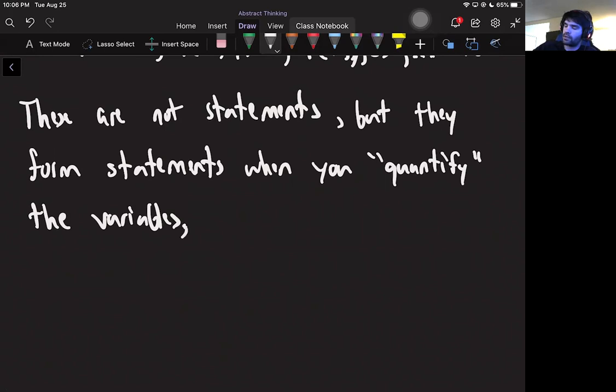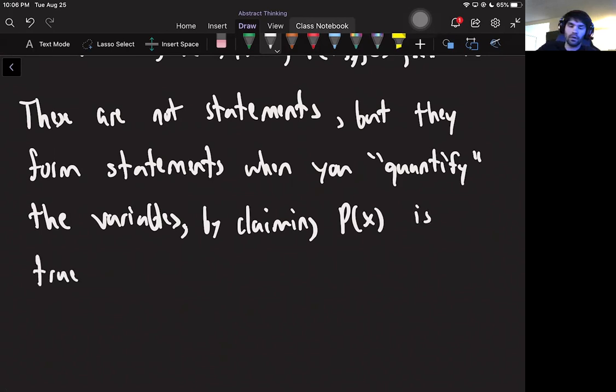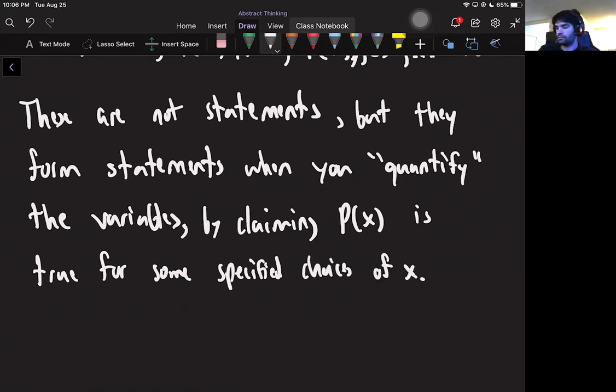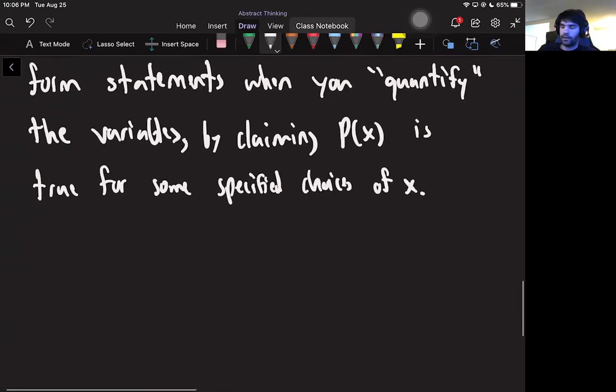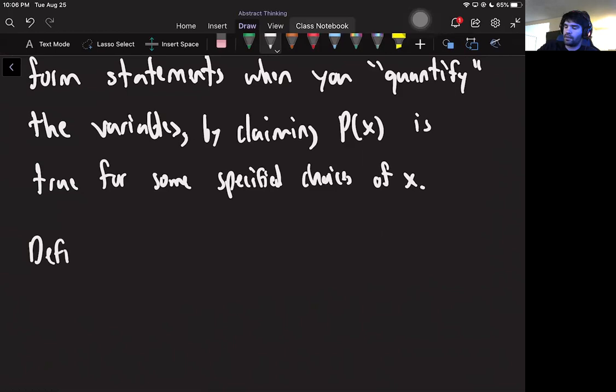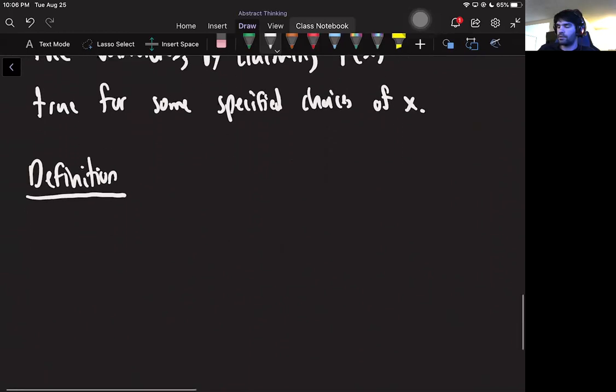Let me actually add on to this by claiming that the predicate, I'll just pretend it has one variable for this explanation, by claiming that this is true for some specified choices of X. Okay, so let me write down the definition of what I'm talking about, and then we'll go through more examples. These already are examples of what I'm about to define.